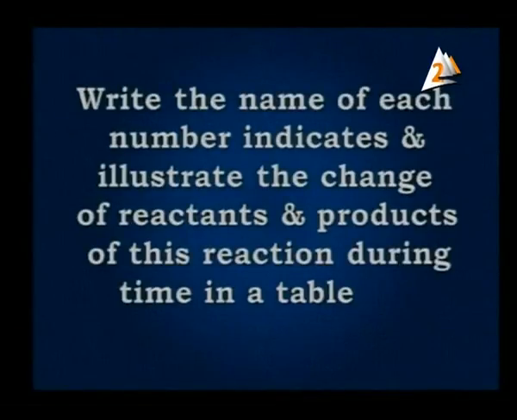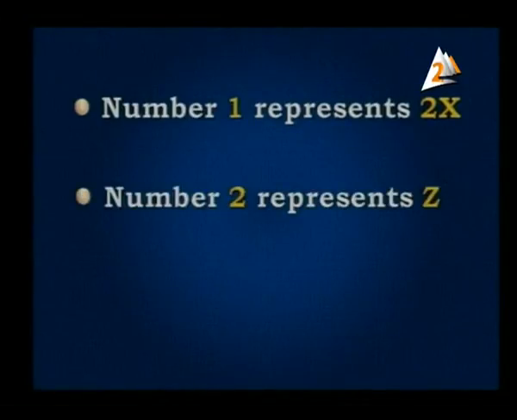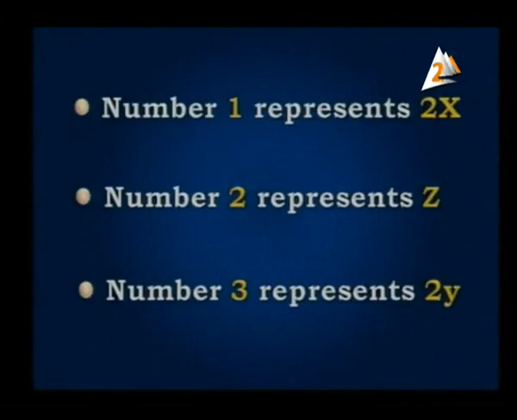What happens after that? We write the name of each number, which illustrates the change of reactant and the product of this reaction during the time, in a table. So if I have the table like this, number 1 represents 2x, number 2 represents z, and number 3 represents 2y. Why?